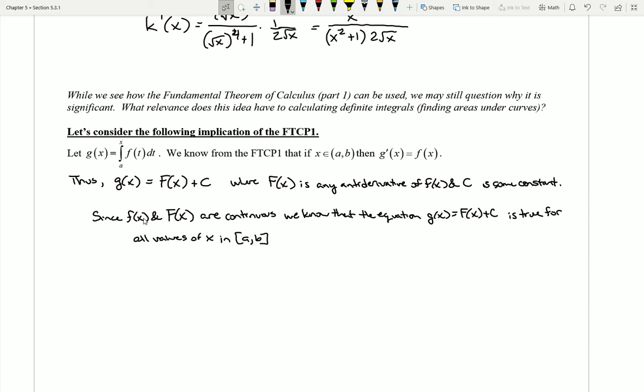So again, I know for sure that this formula and this formula are ultimately saying the same thing.